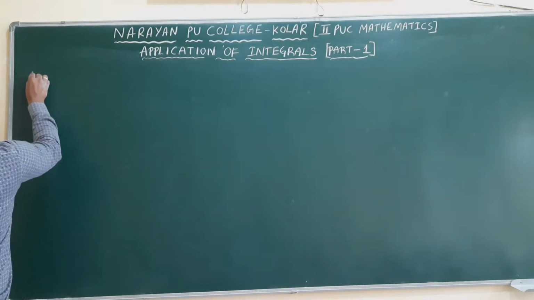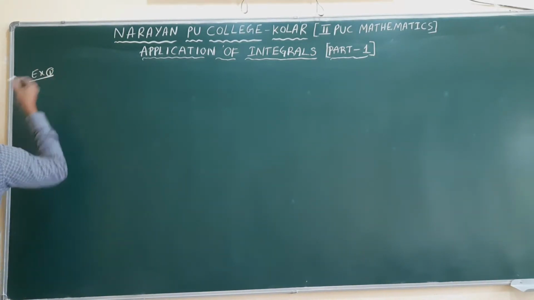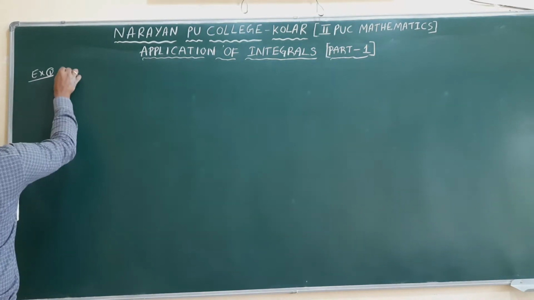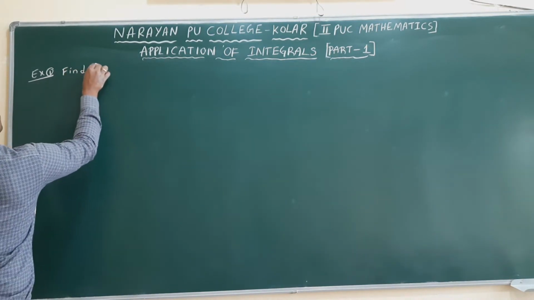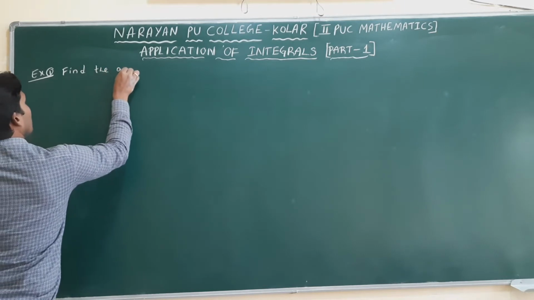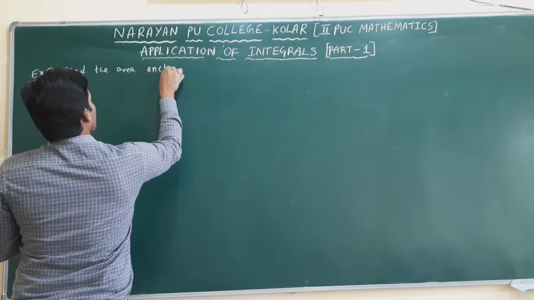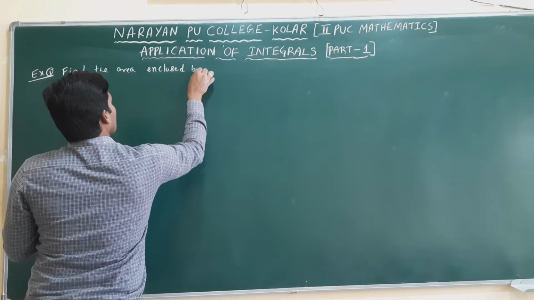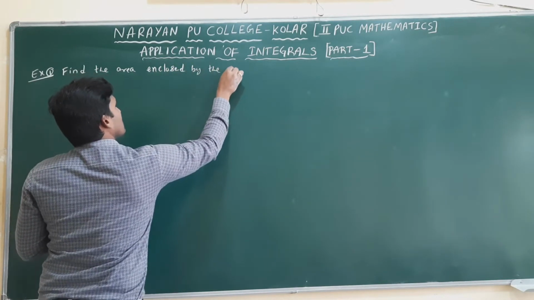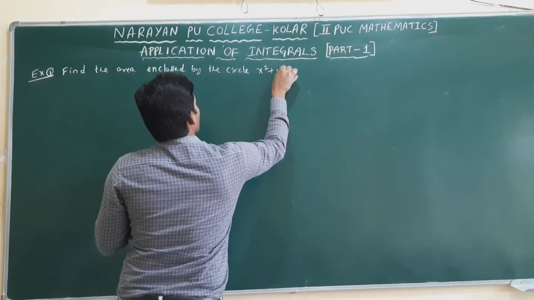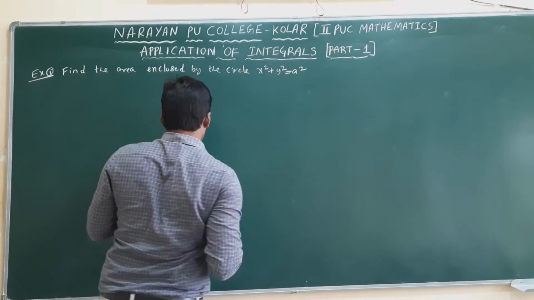This is example 1. Find the area enclosed by the circle x square plus y square equal to a square.